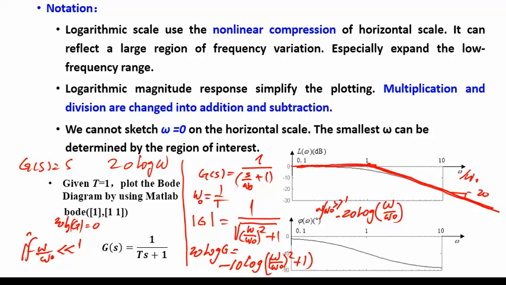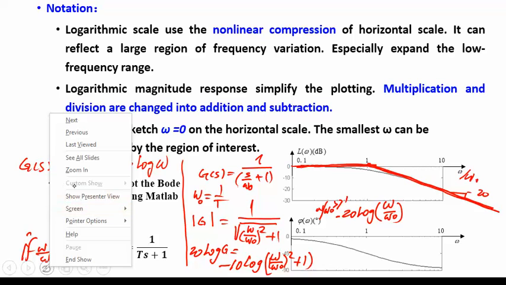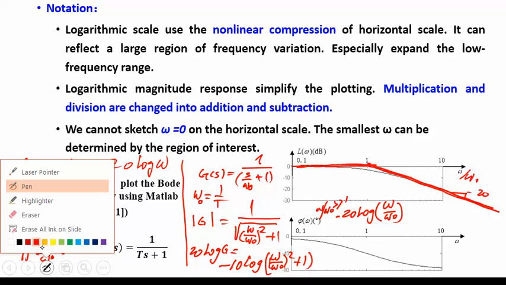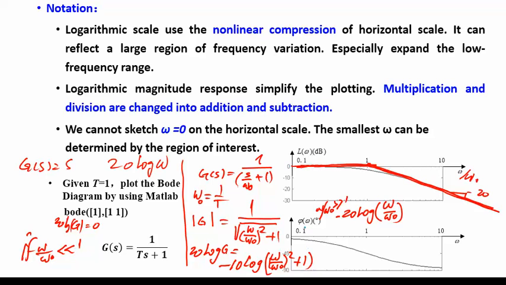So I take 1 decade less and 1 decade more, so I can go from 0 to minus 90. Now when omega equals omega 0, it is minus 45. If I take a simple line and draw this, this is the approximation.